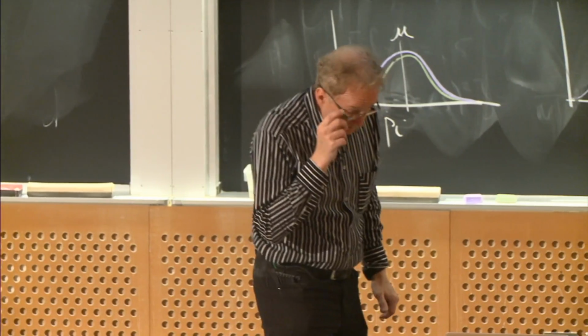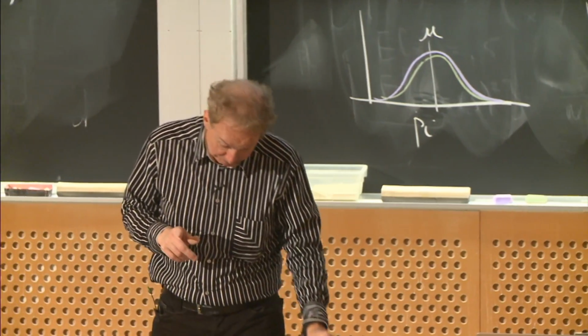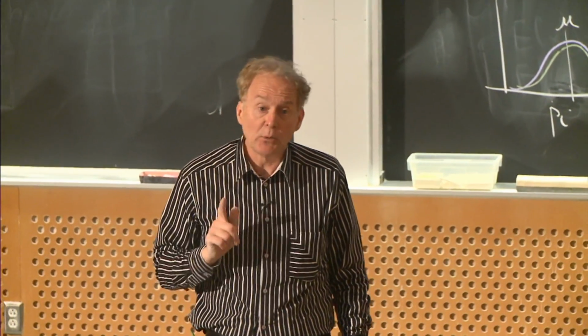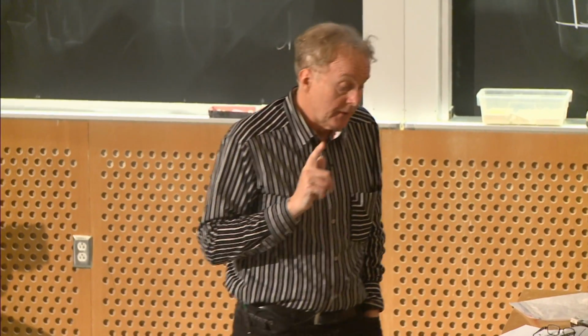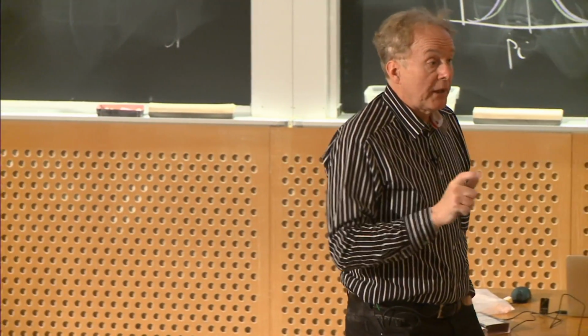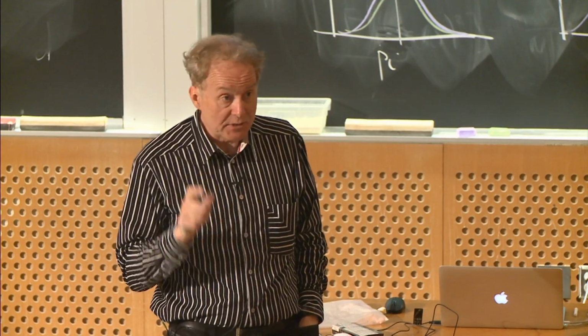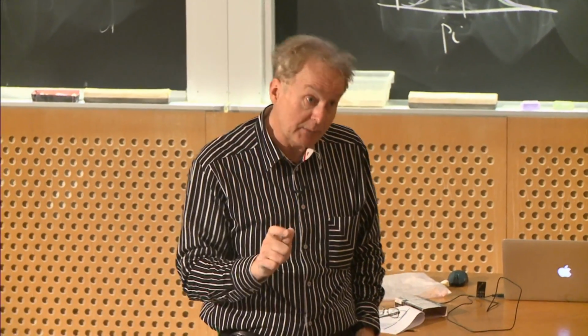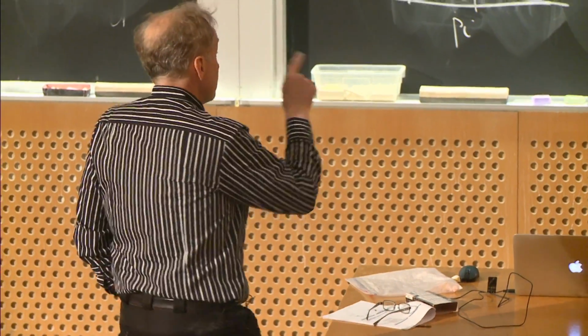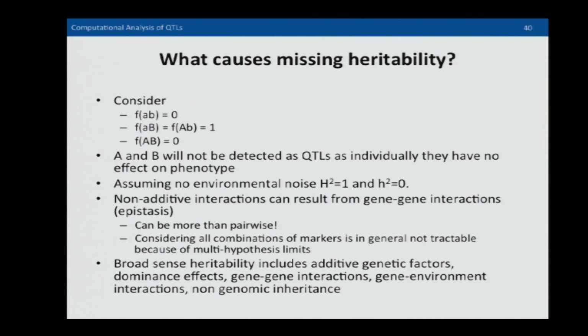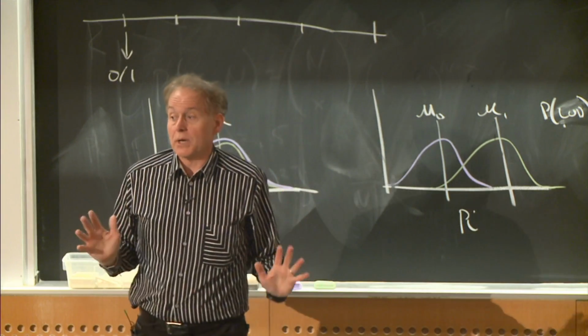Now, what the authors did to examine this is they looked at pairwise effects. So they considered all pairs of markers and asked whether or not, taking two at a time now, they could predict a difference in trait mean. But what's the problem with this?